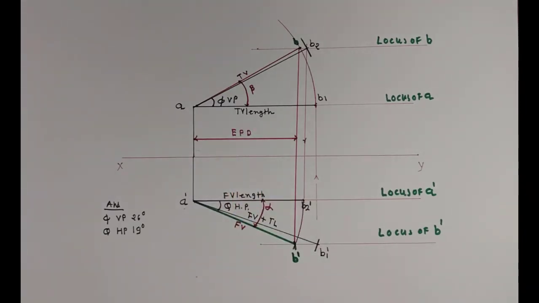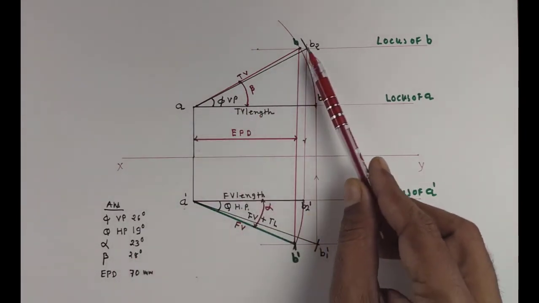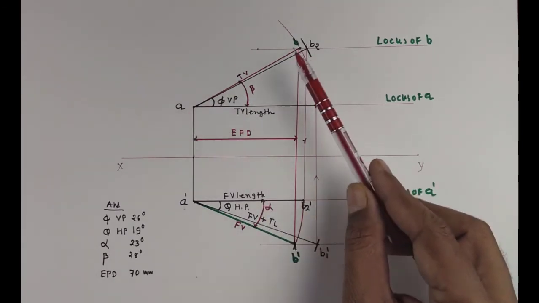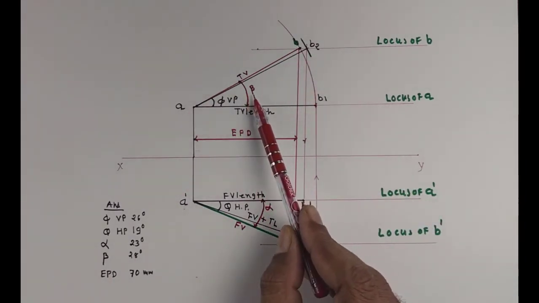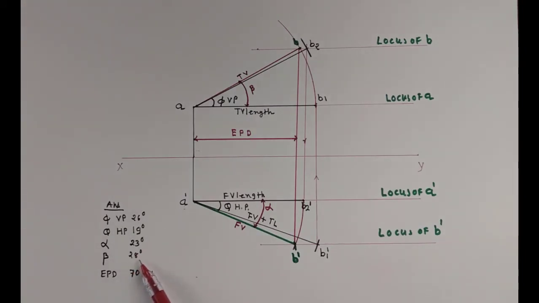Now you measure separately your angle alpha, beta and end projector distance EPD. Then you can write your answers separately. Your actual elevation A dash B dash is inclined to XY line at 23 degrees. Your actual plan, the top view of line AB, is inclined to XY line with angle beta 28 degrees, and the end projector distance EPD is 70 mm.